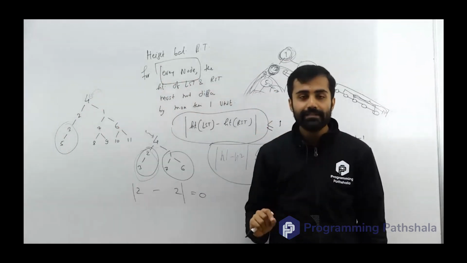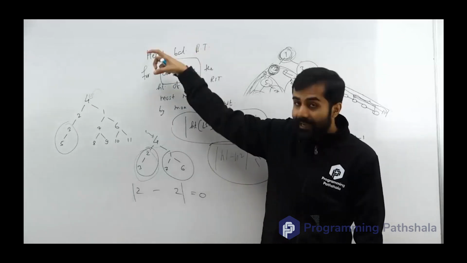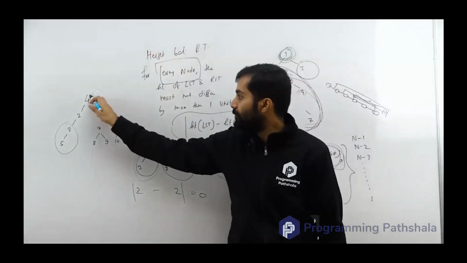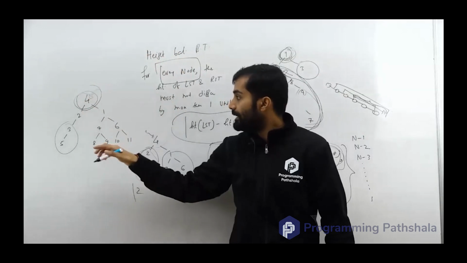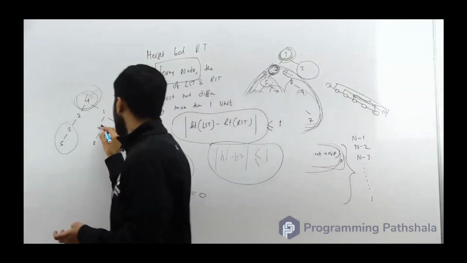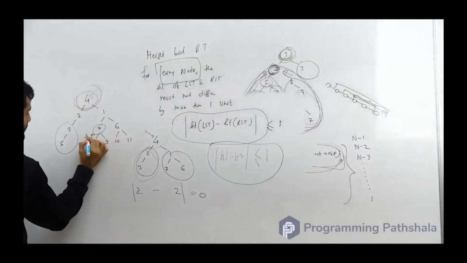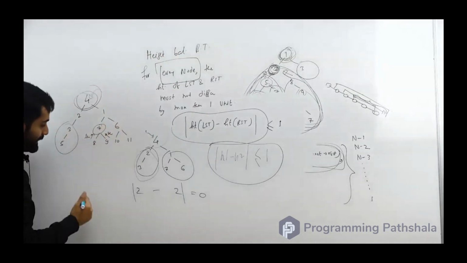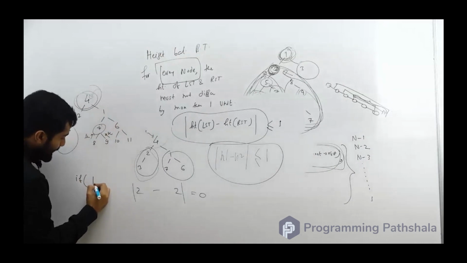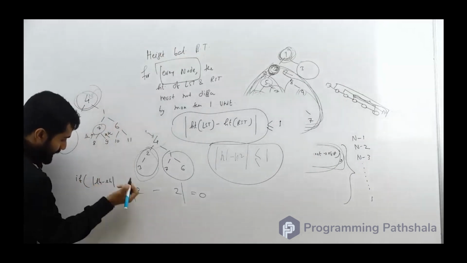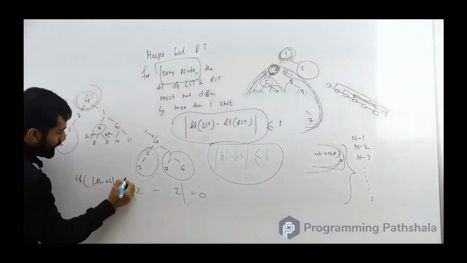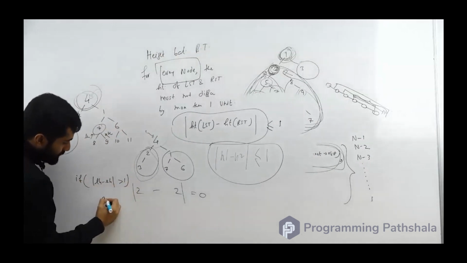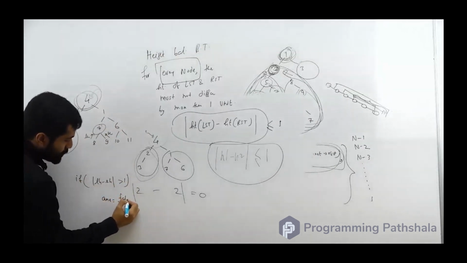Rather, what you can do is in the height method itself, let's say you have invoked height call for this. Now, whenever you are at a node, you would know the left height and you would know the right height. So if you realize that this difference ever becomes greater than 1, then you can turn your answer equal to false.